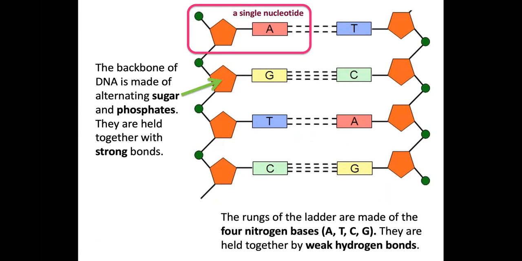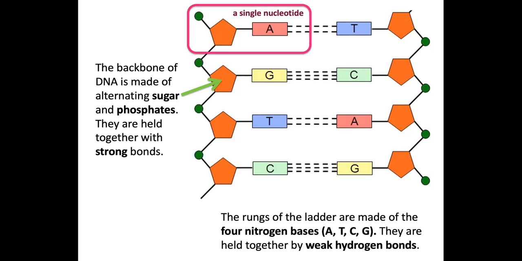We also talked about with the structure of DNA that the backbone, the sides of the ladder, are made up of alternating sugars and phosphates. And in the middle, the rungs, those are made up of the nitrogenous bases and held together by a hydrogen bond, which is very weak, and that will make more sense today. The reason for that is replication, okay?